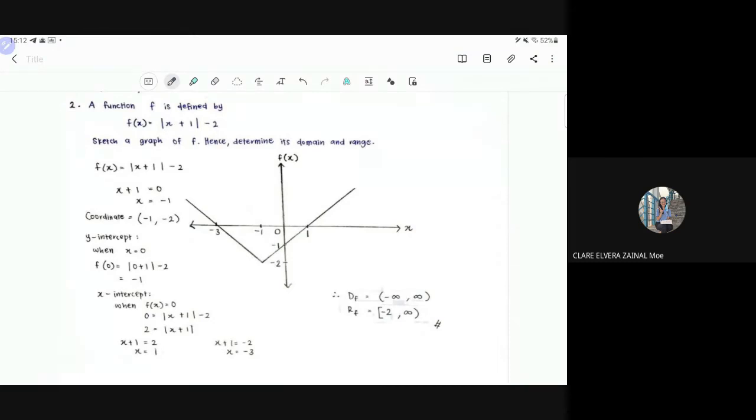And for the range, we look at the y-axis. So the graph starts from -2, then continues. So the range is -2 to +infinity. So that's all for this question. Thank you.